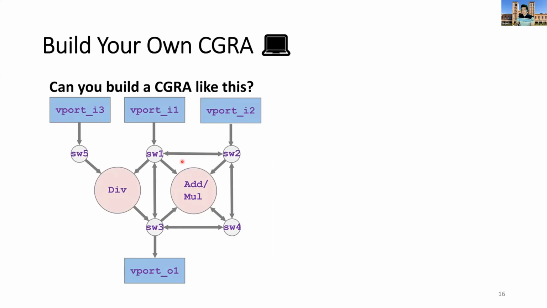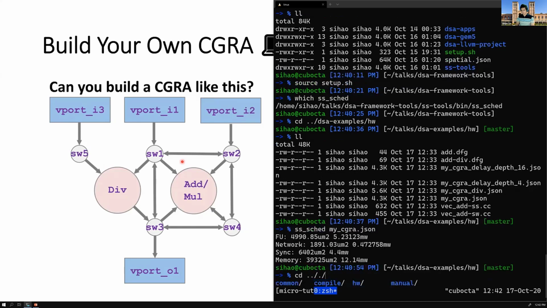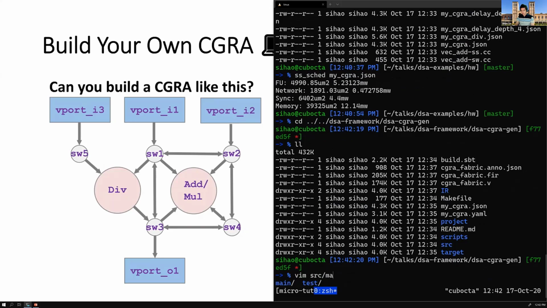So what you need to do is cd to the DSA framework, then cd to the CGRA, DSA CGRA gen, and there will be a file there.